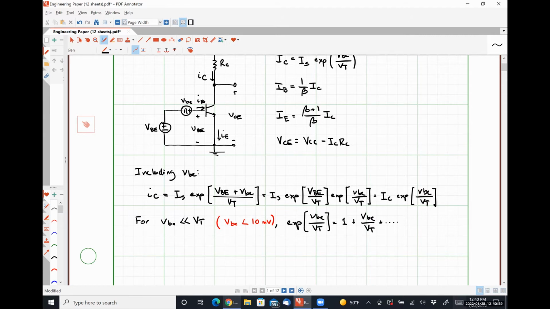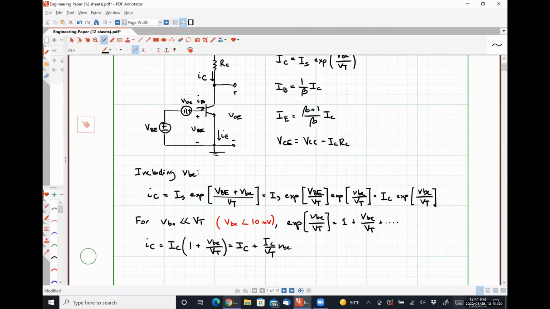Okay. So from this, we can say that lowercase iC is our DC bias current IC multiplied by 1 plus lowercase VBE over VT, or capital IC plus capital IC over VT times lowercase VBE.